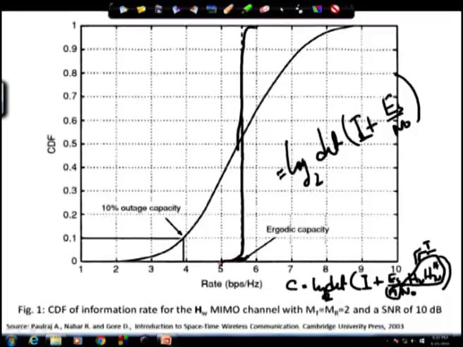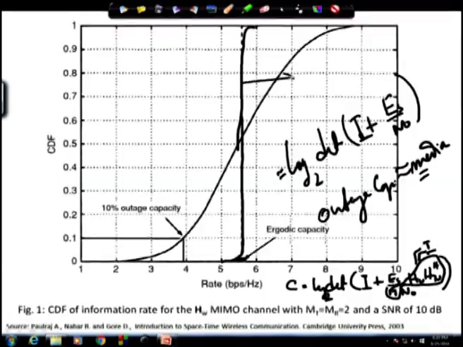So under such conditions, the outage capacity is almost equal to the median capacity, or in other words, under this case the capacity stabilizes.